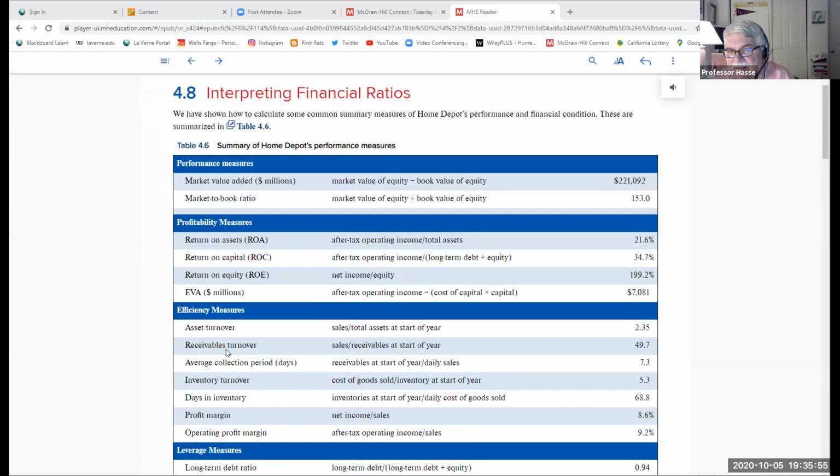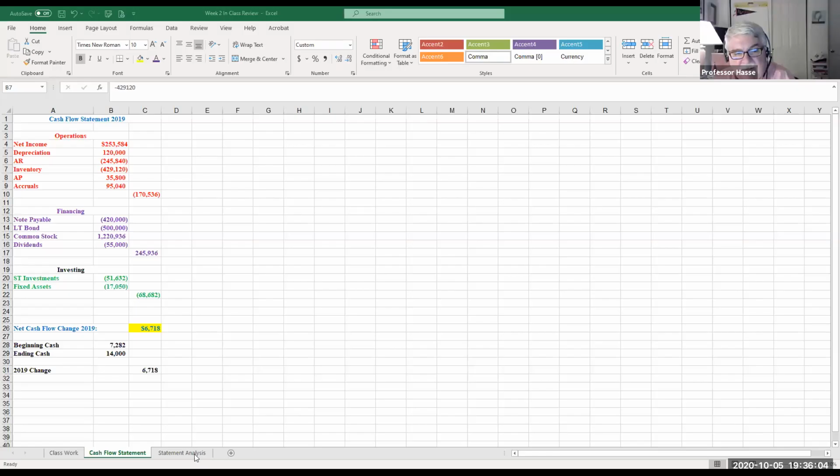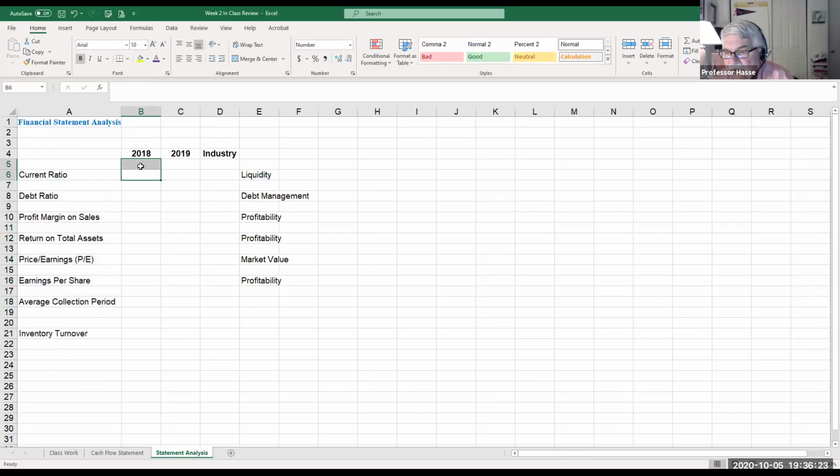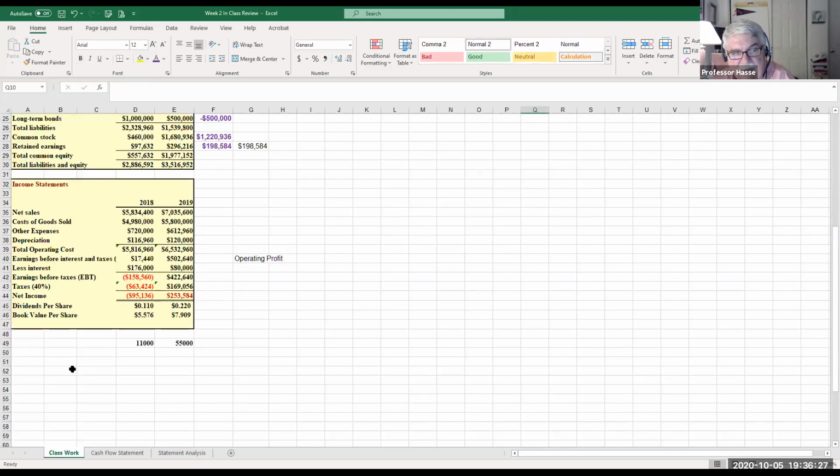So let's try to find these for the company that we're working on tonight. Let's locate and calculate this information for our company and see what they tell us about it. The current ratio, the relationship of current assets to current liabilities. So we go to the balance sheet.